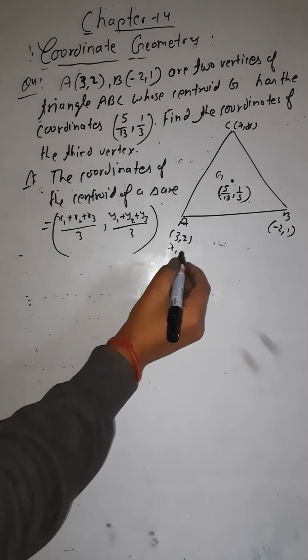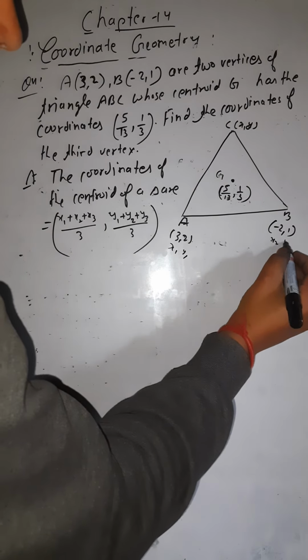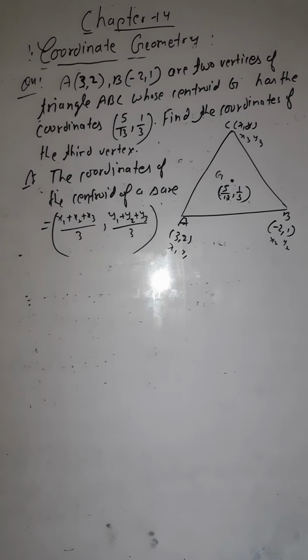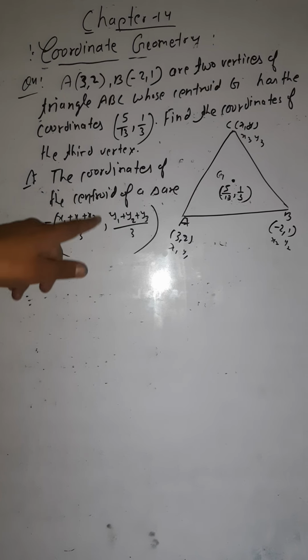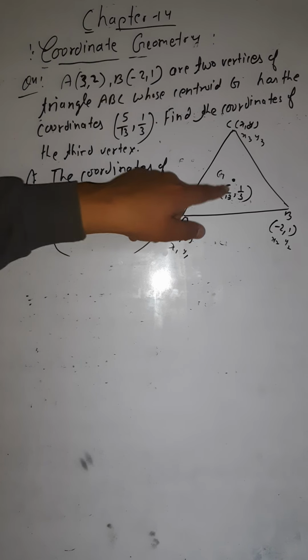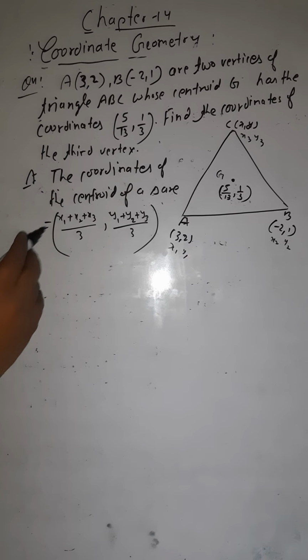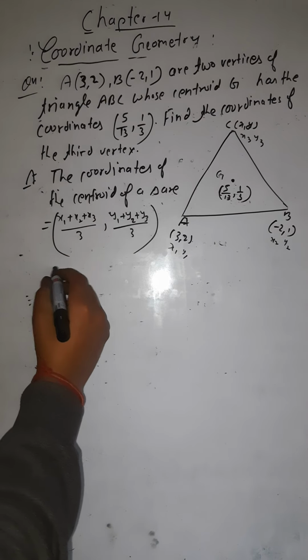Let's say these are x1, y1, x2, y2, and this one is x3, y3. Now you have been given the first coordinate of the centroid, 5 by 13, and the second coordinate, 1/3. Now I will put in the values. What is x1? 3.